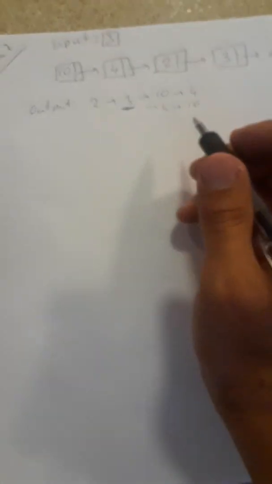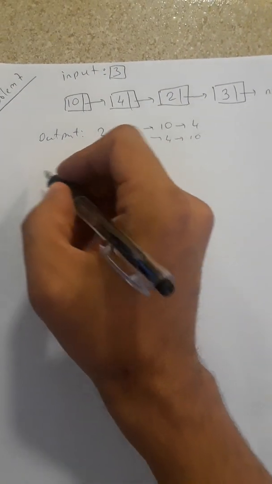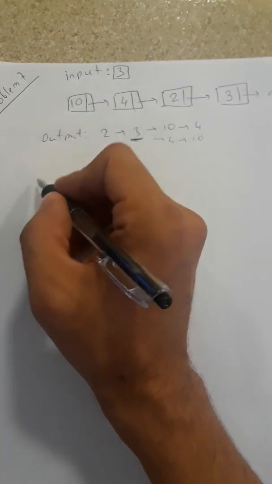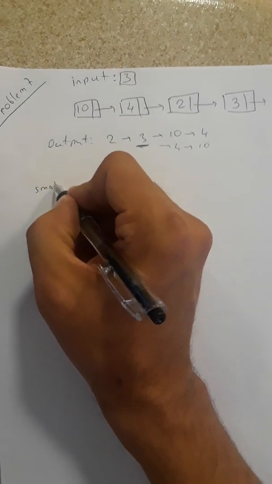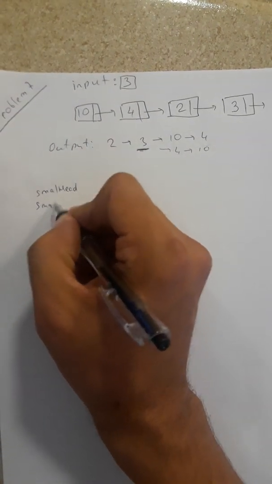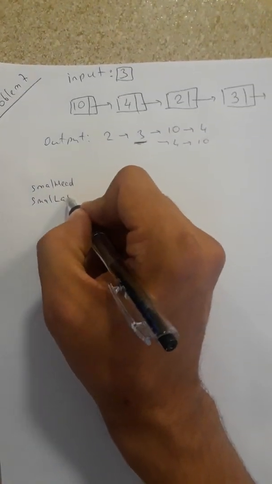So how are we gonna do this? In order to solve this problem, we will create 6 different variables. One is small head and small last.